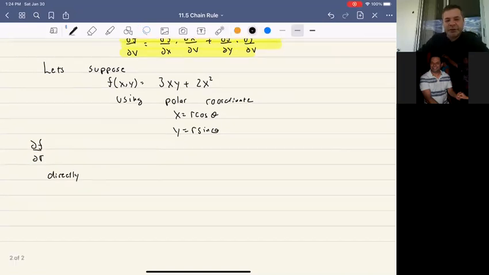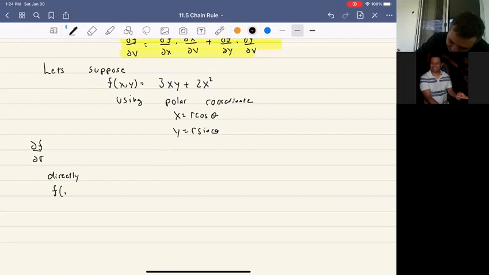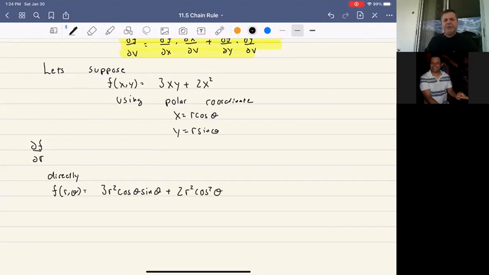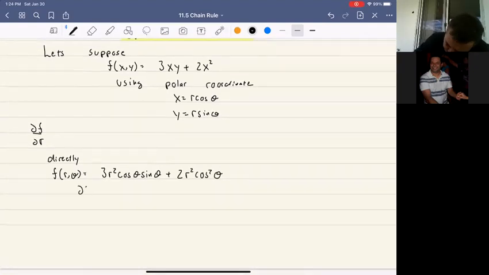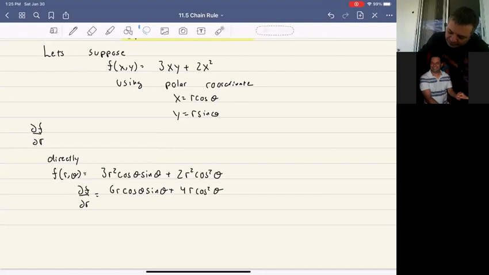All we're going to say is that f of r, theta is 3r squared cosine theta sine theta plus 2r squared cosine squared of theta. And we could take the partial of f with respect to r, which is 6r cosine theta sine theta plus 4r cosine squared of theta.